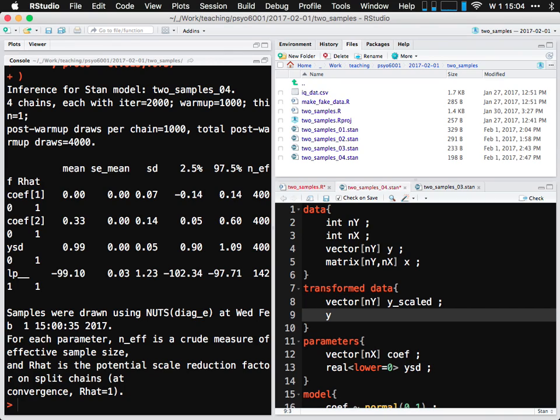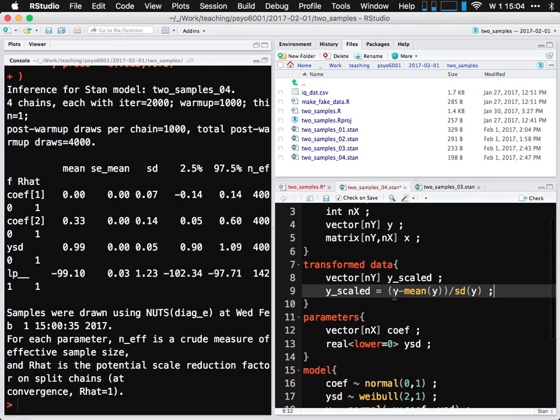Here I can say y scaled is equal to (y minus mean y), with parentheses around it, divided by SDY. And that's what we were just doing using the scale function outside.